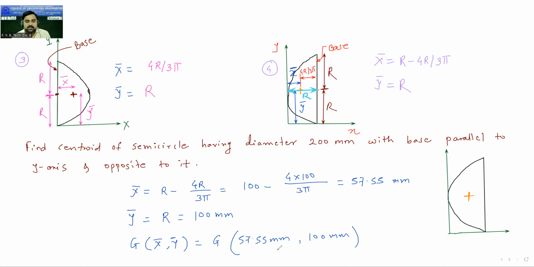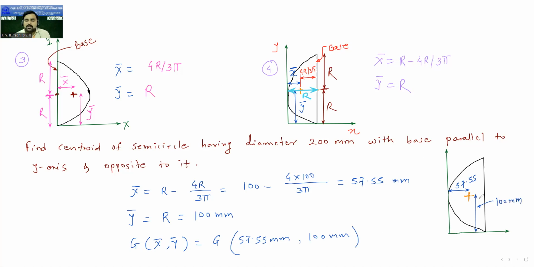So what is the exact meaning of this? The meaning is, from y-axis up to the centroid, this is x bar, and the value of this x bar is 57.55 mm. And now this 100 mm is my y bar. From x-axis, this vertical distance is y bar, and it is equal to 100 mm.